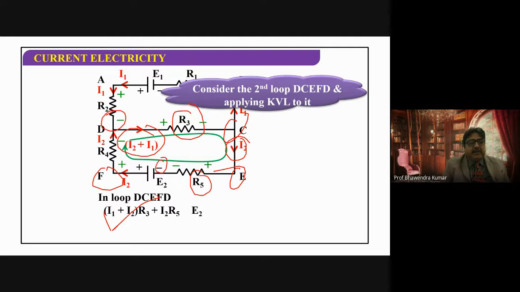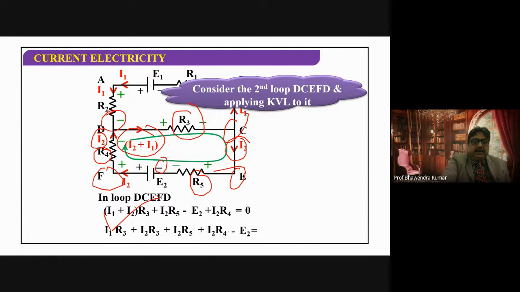The negative terminal is coming first. It will be minus E2. Then I cross the resistor R4 with the current I2 in the direction. So it will be plus I2 R4. Yes, understood? The summation will be 0. Any problem is there? No, sir.